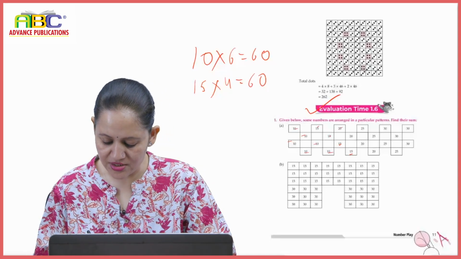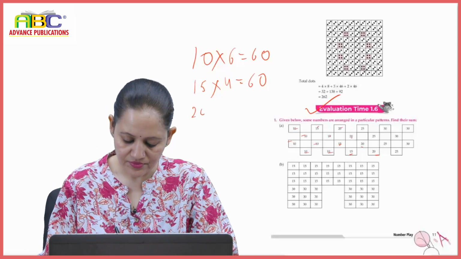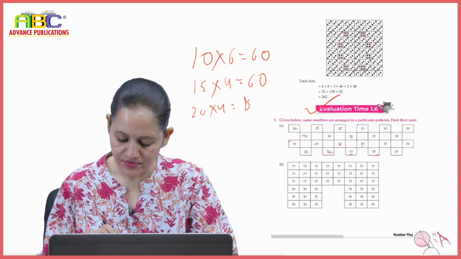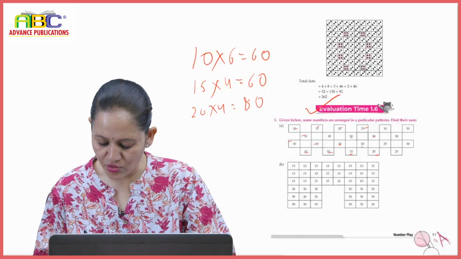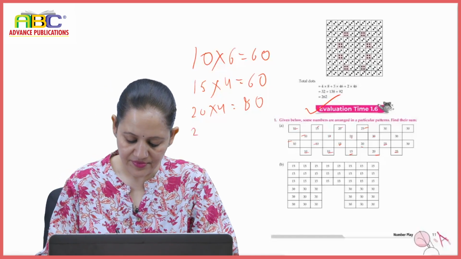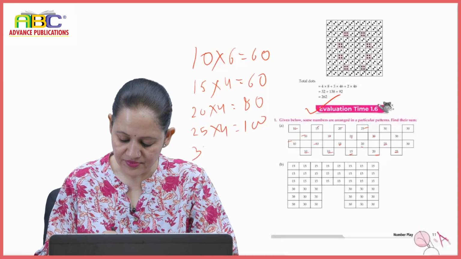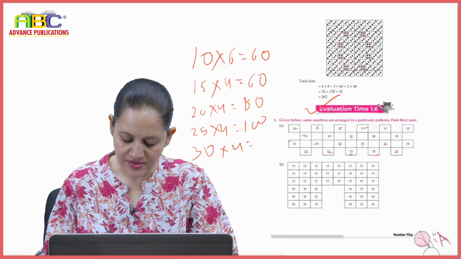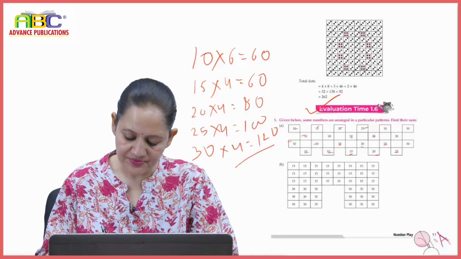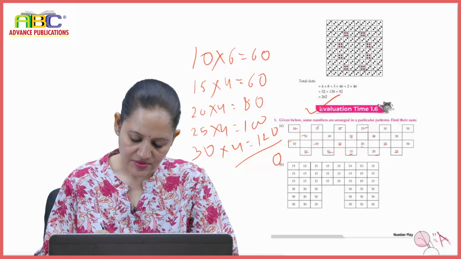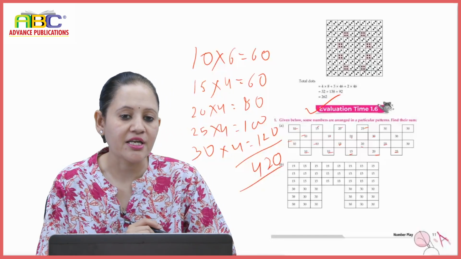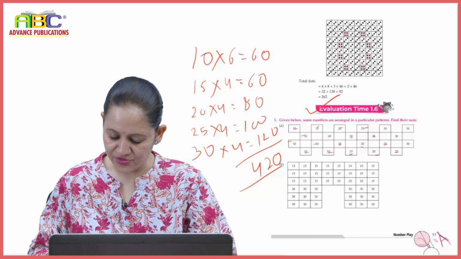Then 20, 1, 2, 3, 4. Then 25, 1, 2, 3, 4. And 30. We will add them together. 420. So like this we can find out the sum.